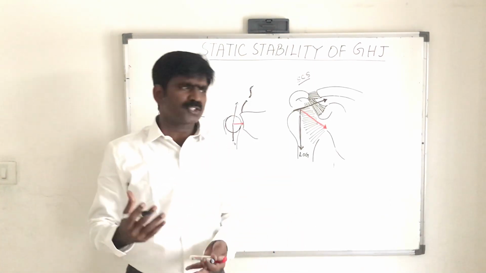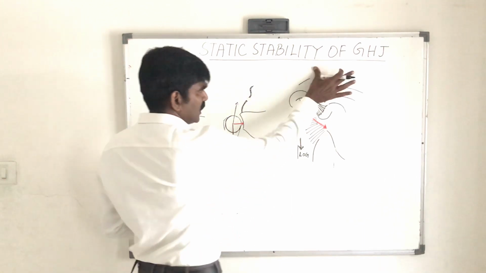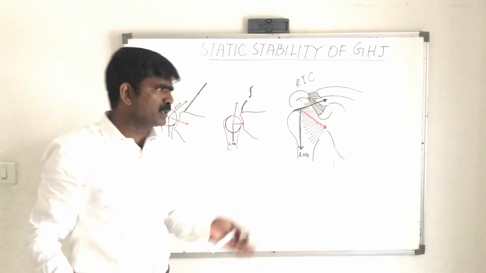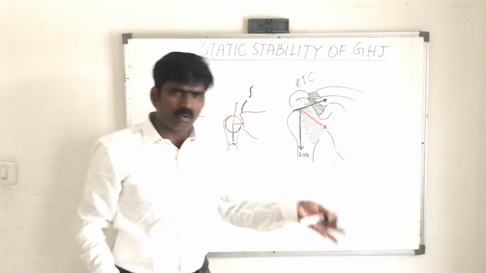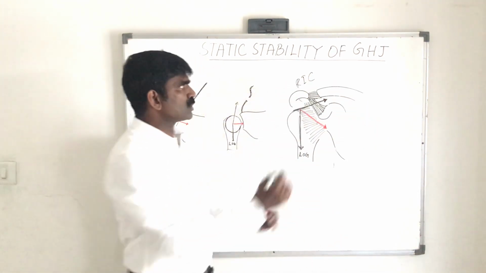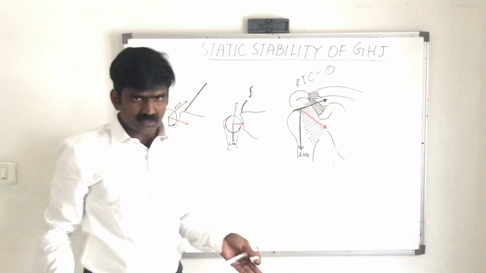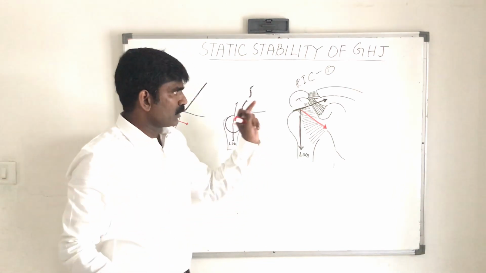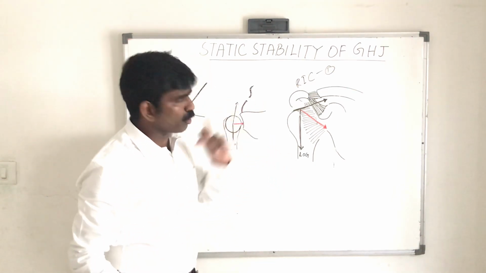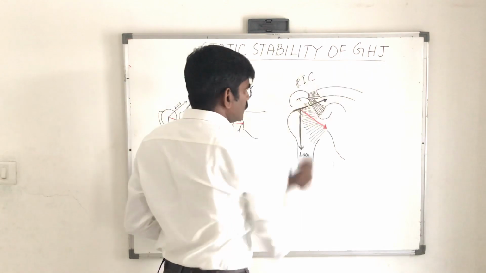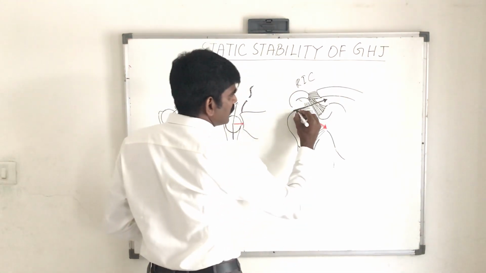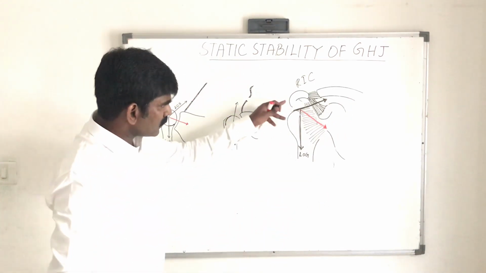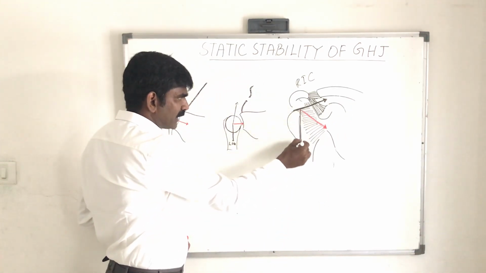In some books it is mentioned superior capsular structure, and in others it is mentioned RIC, rotator interval capsule. Both are almost the same, which includes three structures I've already told you: superior joint capsule, glenohumeral ligament, and coracohumeral ligament. So this force is acting in this direction. Clear? So the line of gravity is acting in this direction.